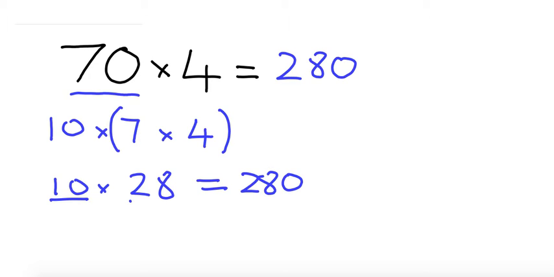So you might start noticing a little bit of a trend here. What we can see is that essentially we're ignoring the 0 and we're doing 7 times 4, and then we're adding that 0 back in at the end.